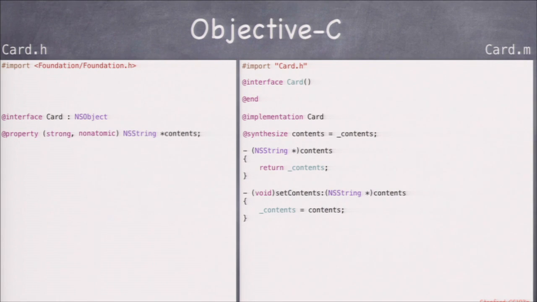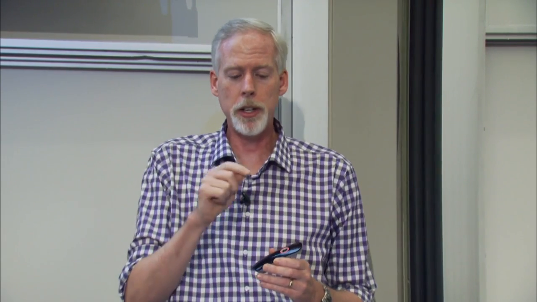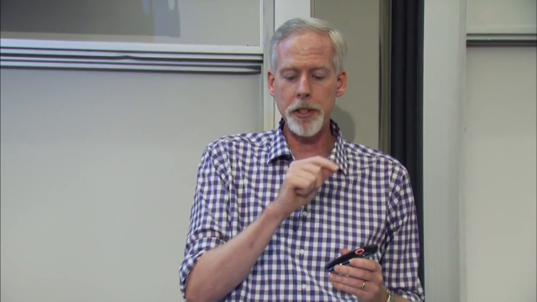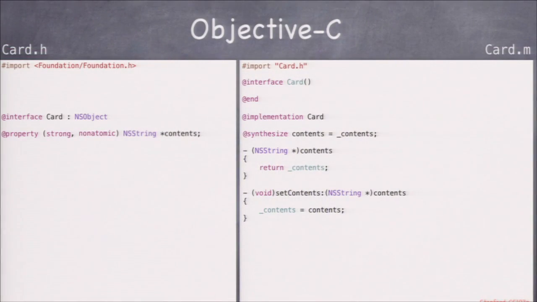Everyone understand that? Question? What's the synthesize line? So the synthesize line, again, is just specifying the name of the instance variable that we're going to use to store this stuff in, underbar contents. It's kind of weird. It might be better saying @sign synthesize contents to use instance variable with name underbar contents. That equals, I know, is a little weird.